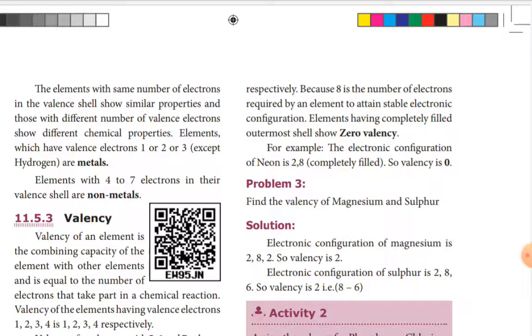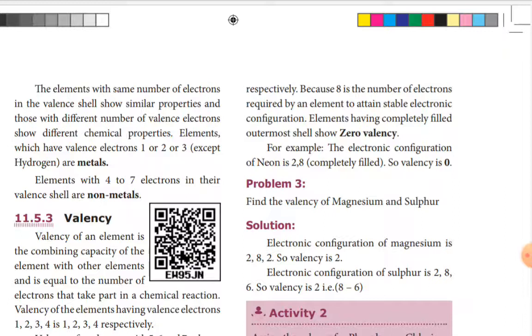For example, the valence electrons may be 1, 2 or 3, except for hydrogen, in the outermost shell orbits of the metals. Metals have 1, 2 or 3 electrons in the outermost shell. If you take sodium, its outermost shell possesses only 1 electron.